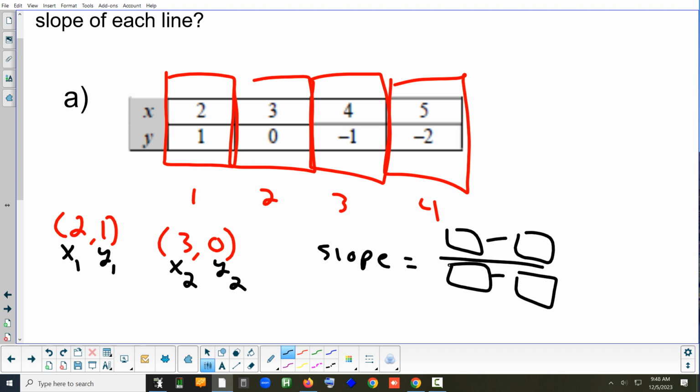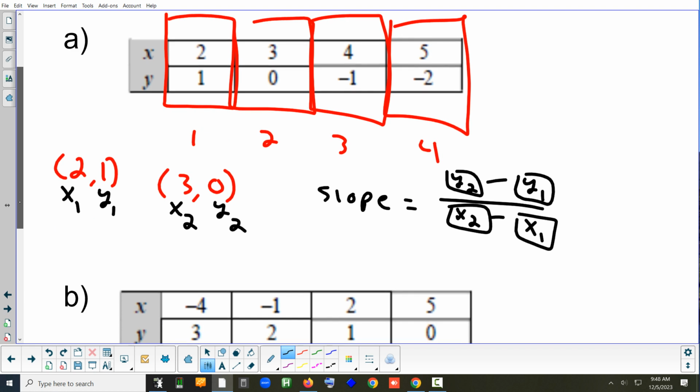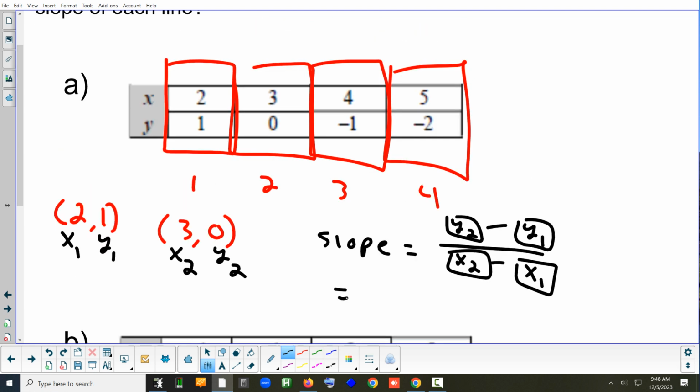Just tell me the symbols. Y2 and Y1, X2 and X1. Okay, now we fill all those in. What's Y2? 0. What's Y1? 1. What's X2? 3. And what's X1?